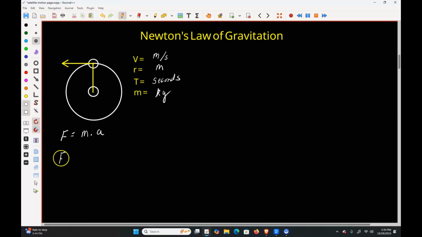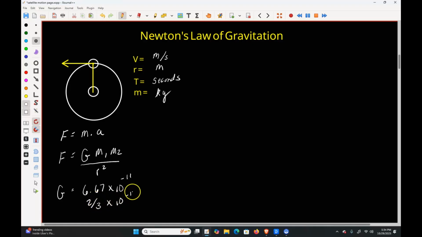We also remember that force is equal to the gravitational constant times the mass of the first object times the mass of the second object divided by the distance between the two squared, where big G, the gravitational constant, is equal to 6.67 times 10 to the negative 11, or you can say 2/3 times 10 to the negative 10.